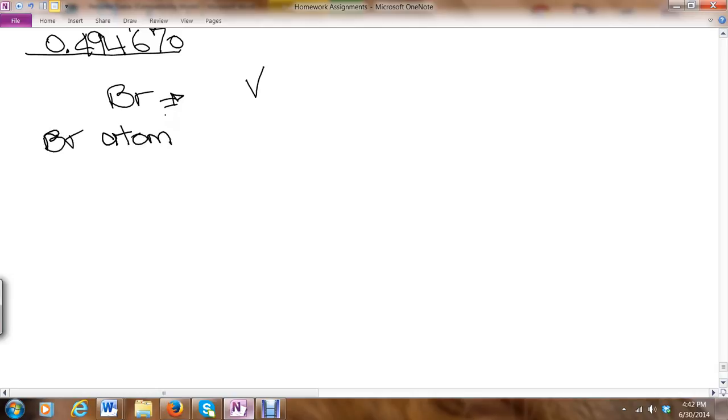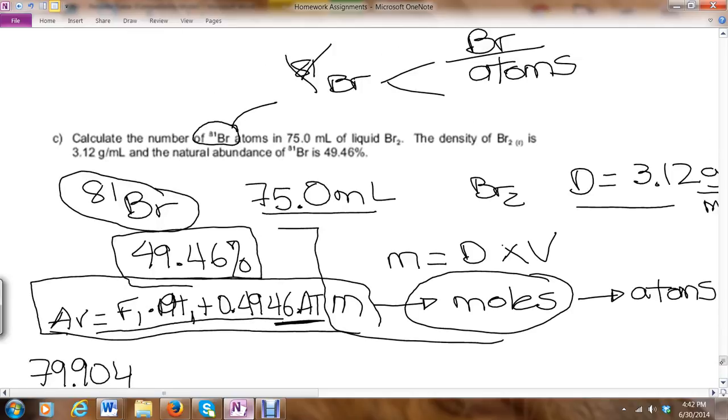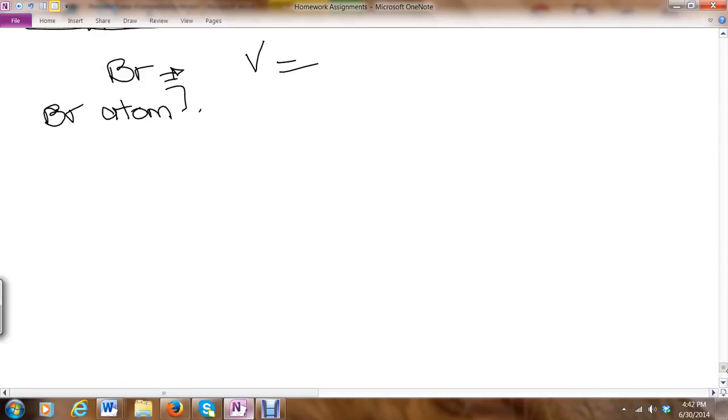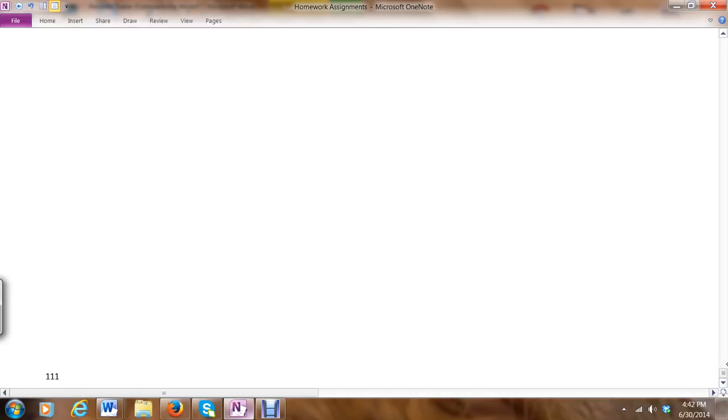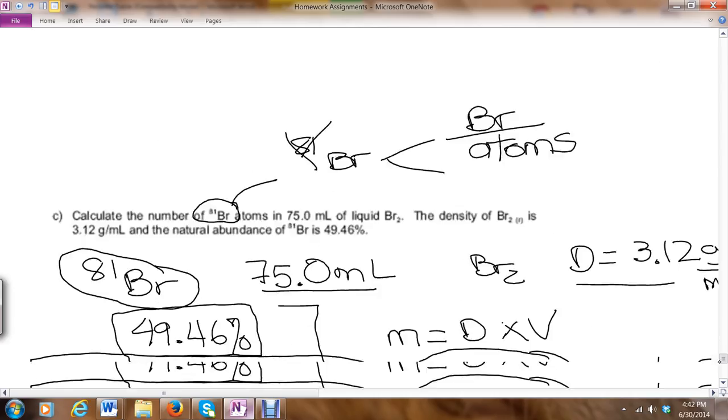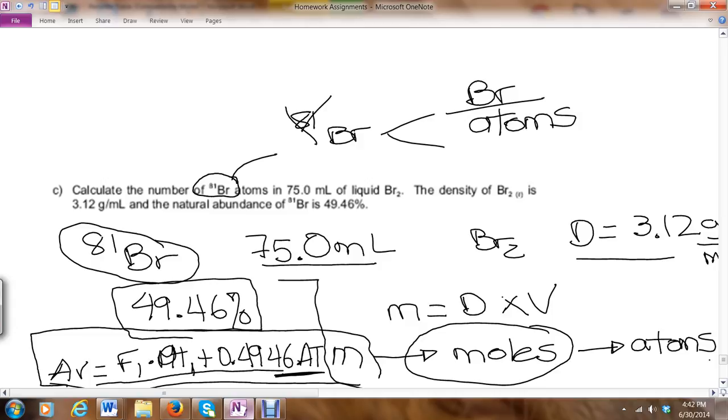So again, they're giving you the volume, 75.0 milliliters, and the density of Br2 liquid is 3.12.